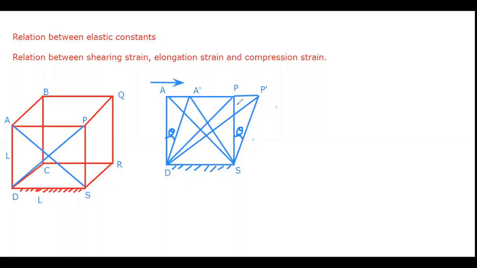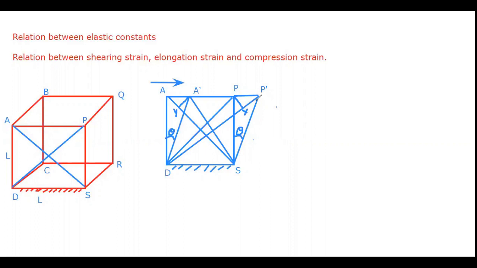To understand this, let us draw a perpendicular from P to X. Let me take this as X. PX is drawn perpendicular to DP dash, and on the other diagonal, let me draw A dash Y, which is perpendicular to the diagonal AS. Now we can notice what the extension along DP is.